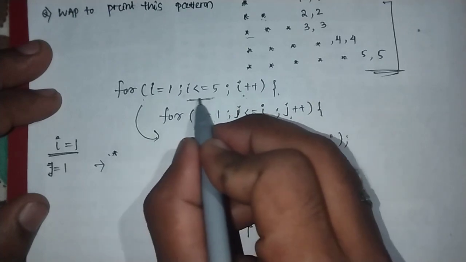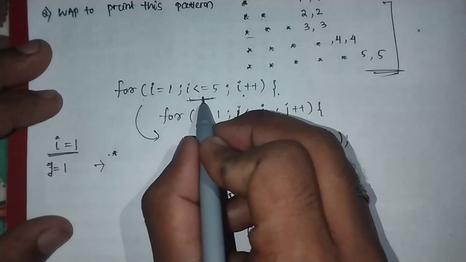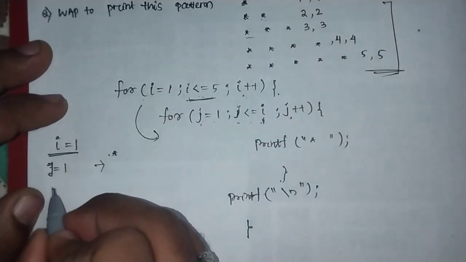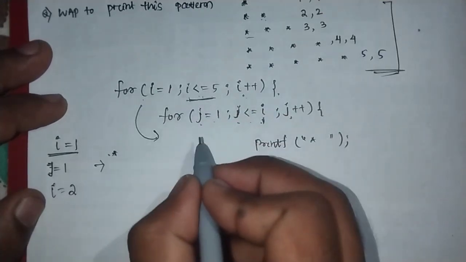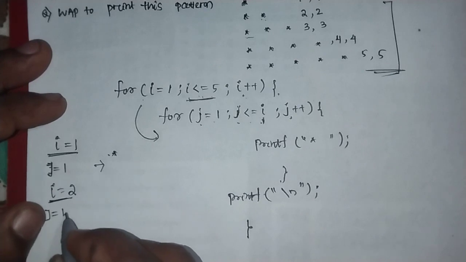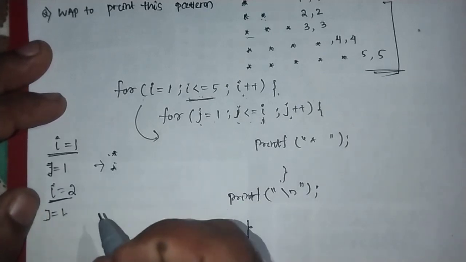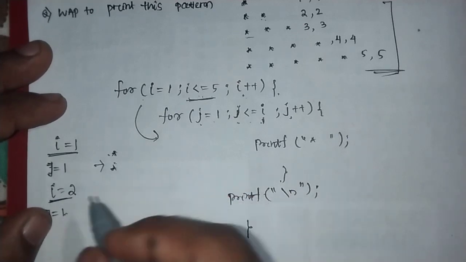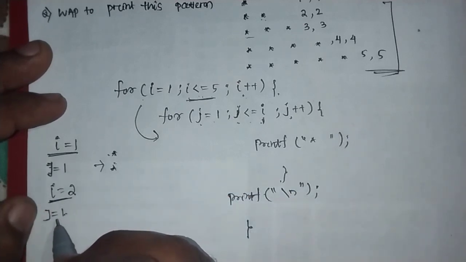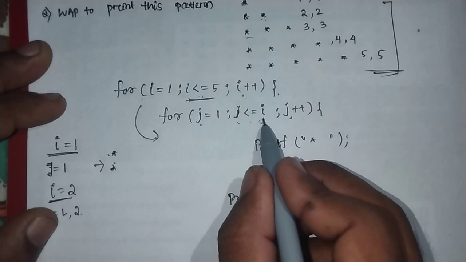Then the conditional statement will be checked: is 2 less than or equal to 5? Yes, true. So for i equal to 2, it will go to the inner loop. For i equal to 2, the value of j is initially 1, so it will print 1 star. After the incrementation of the variable j, the value of j will be 2. Is 2 less than or equal to i?